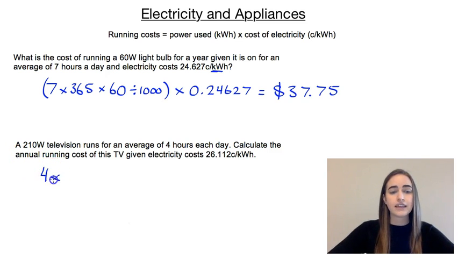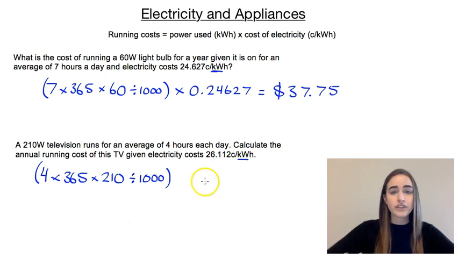So 4 hours a day times 365 tells us how many hours it's on over the whole year. Then we're going to times that by 210, because it's a 210-watt television. But again, because it's charged per kilowatt hour, we need to turn that into kilowatts. So we'll divide by 1,000.